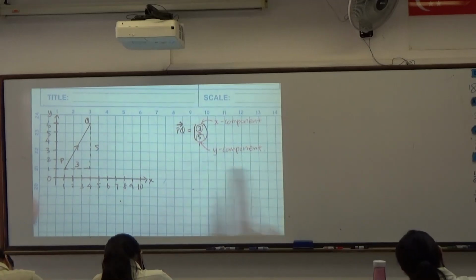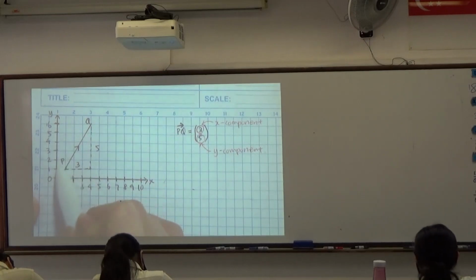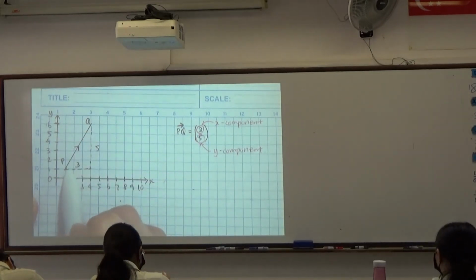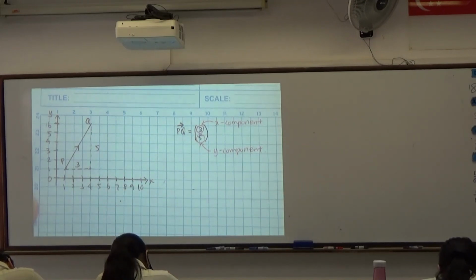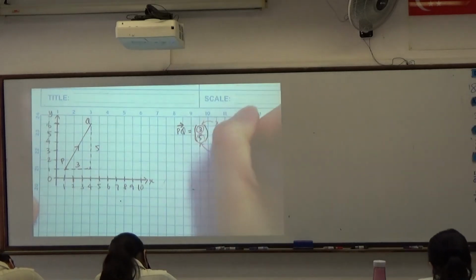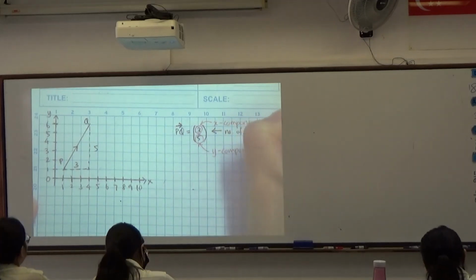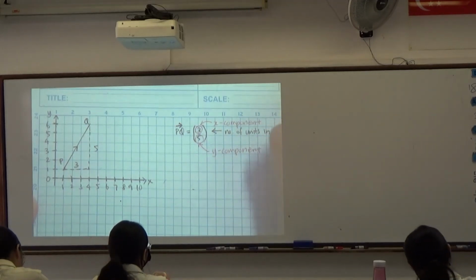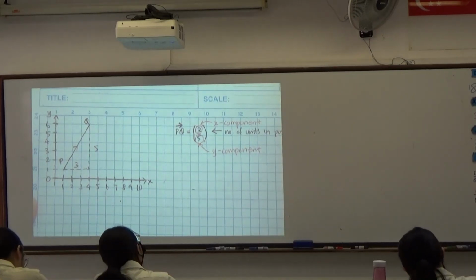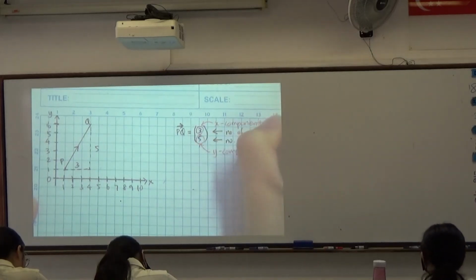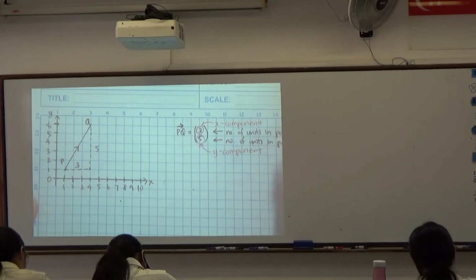So your components are calculated by determining how many units it has moved from the start point to the end point in either a horizontal or a vertical manner. So the x component is the number of units in the positive x direction, and 5 is the number of units in the positive y direction.